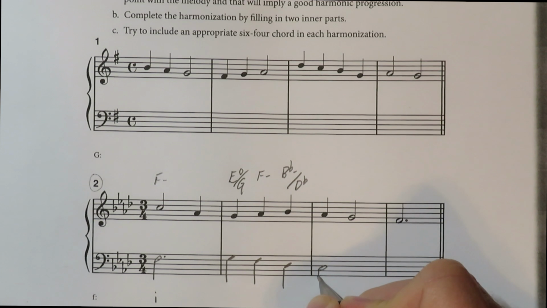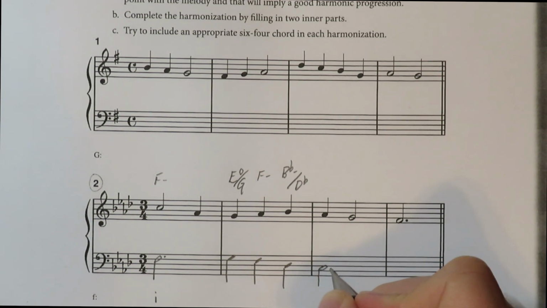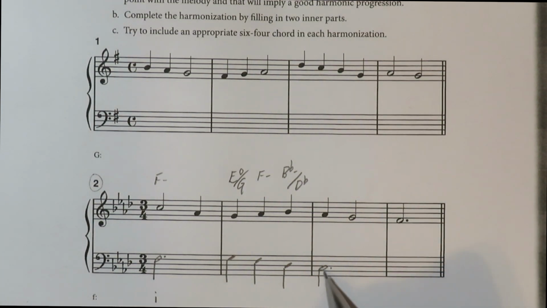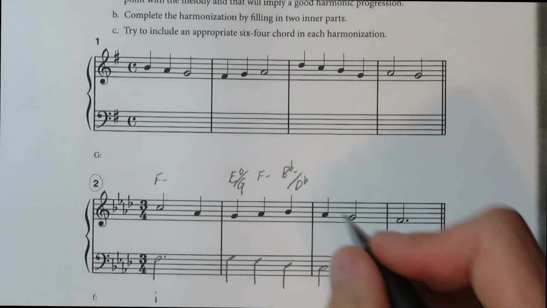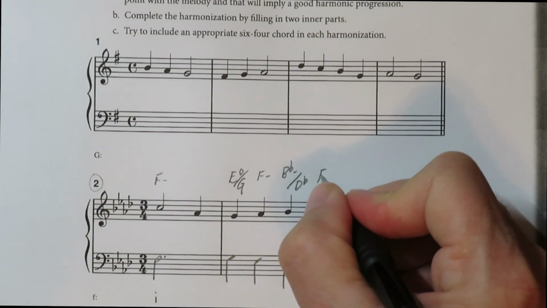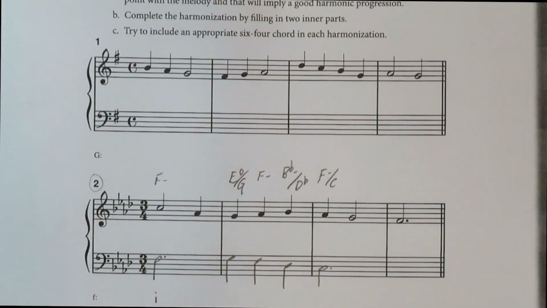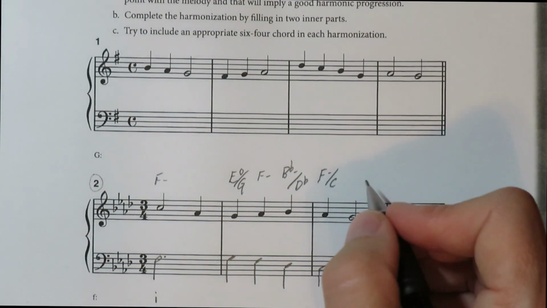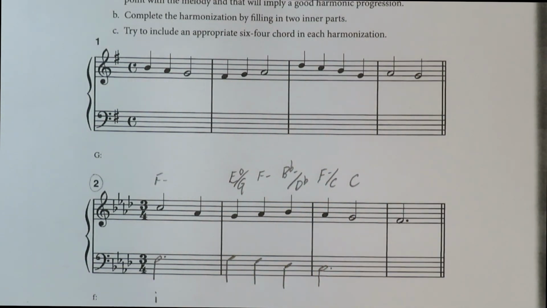Since the C is the bass note for the whole bar, I just made it a dotted half. Okay, and so we'll do the F minor over C, and then the C, and then we'll go on home to 1. Make it a low bass note.